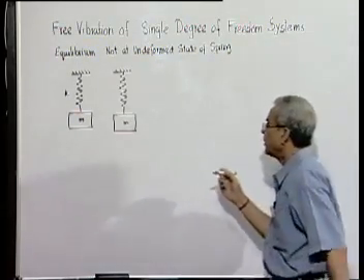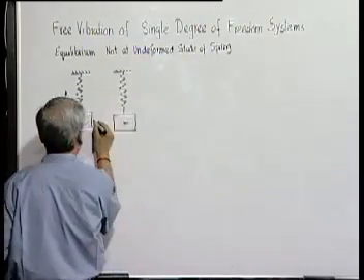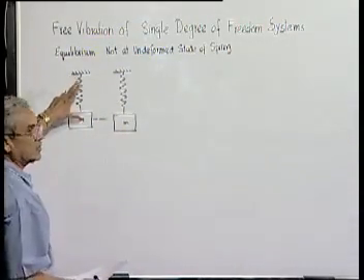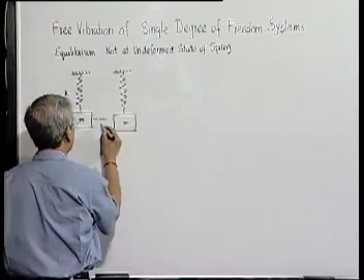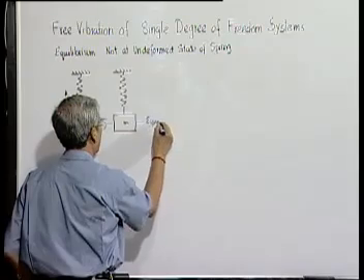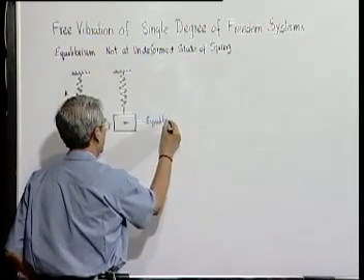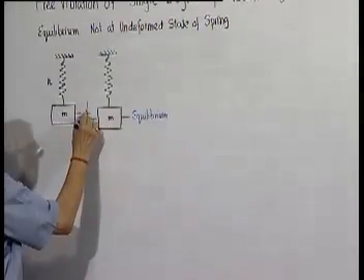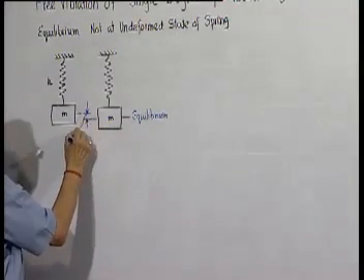So the equilibrium position, this is the position which corresponds to undeformed spring length, but this is the equilibrium position when it gets deformed by, say, an amount delta.